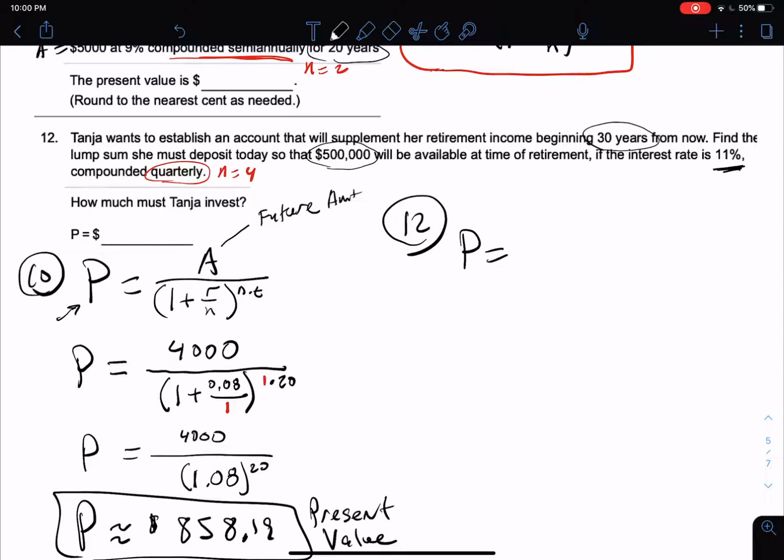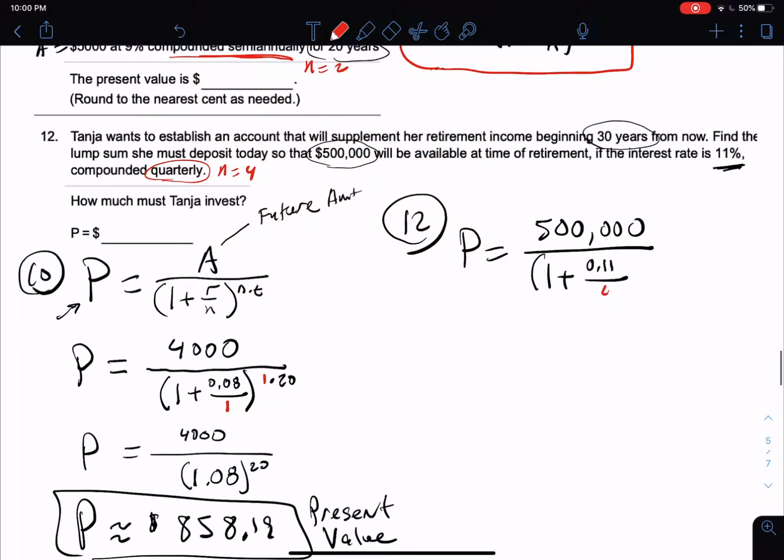It is going to be the future amount, $500,000, divided by 1 plus 11% divided by 4, since it said compounded quarterly. Of course, that 4 goes in the exponent as well and gets multiplied by the number of years, 30.